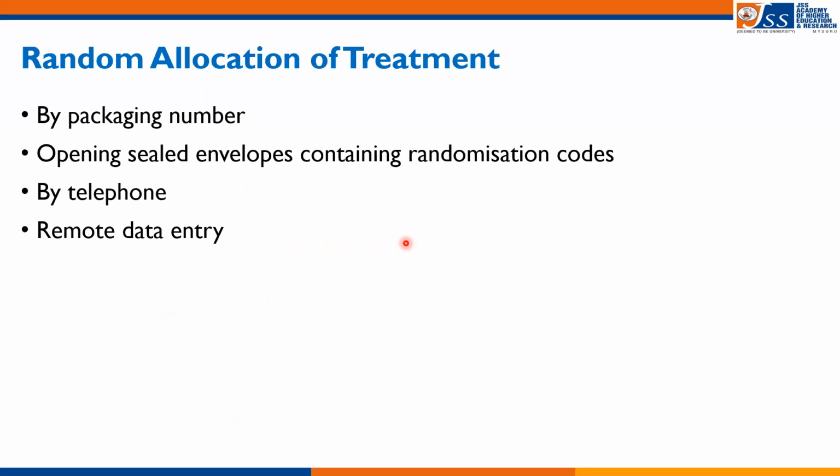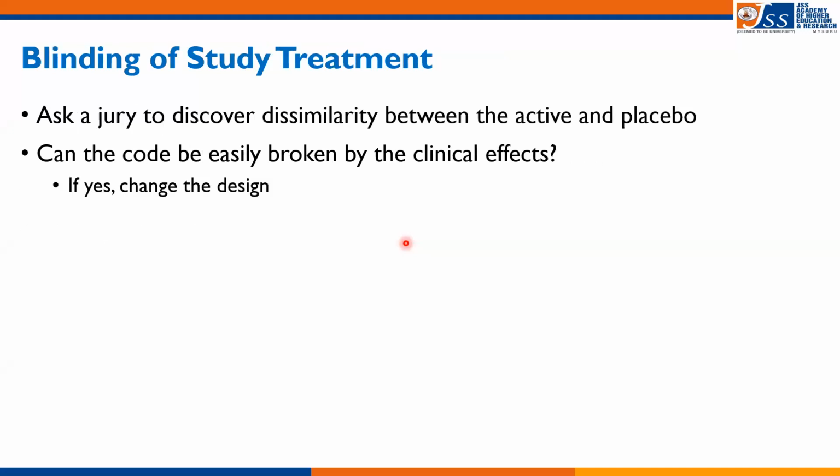Now, how is the treatment given for the patients who are allotted to different groups? Generally, the allotment of treatment can be based upon packaging number, or by opening sealed envelopes containing the randomization codes. Randomization can even be done by telephone or data entry.